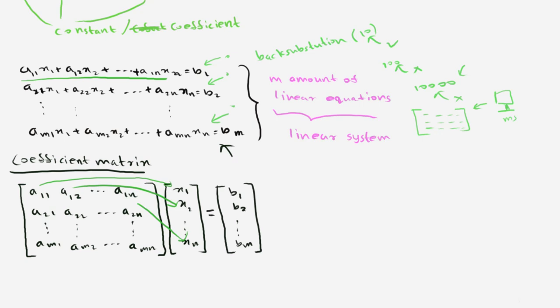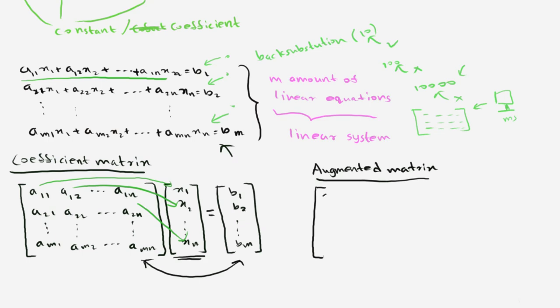So that's the coefficient matrix, and the second case is the augmented matrix. In the augmented matrix, we compose these two known parts, and we just ignore the unknown variables. It will be composed like this.